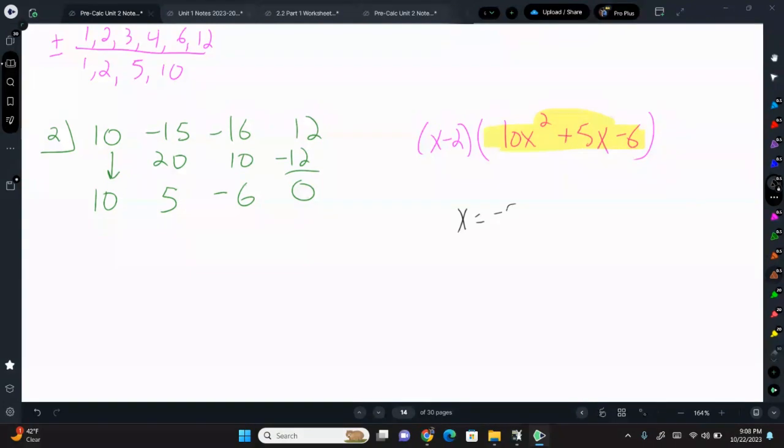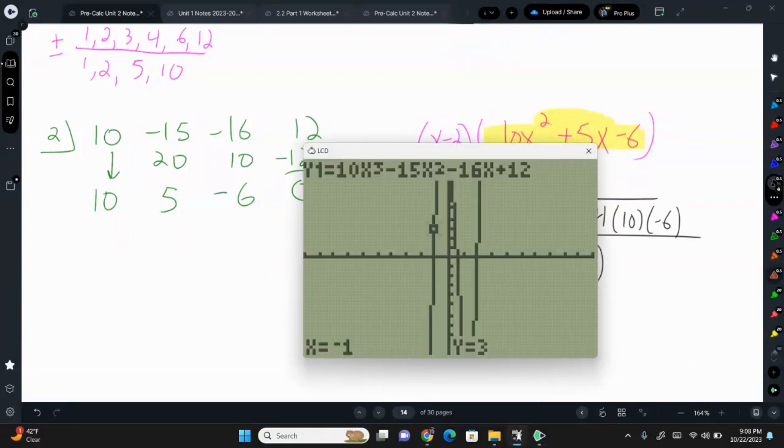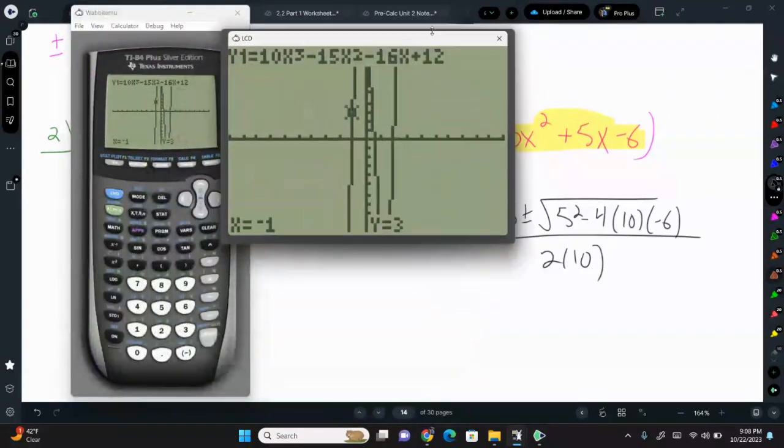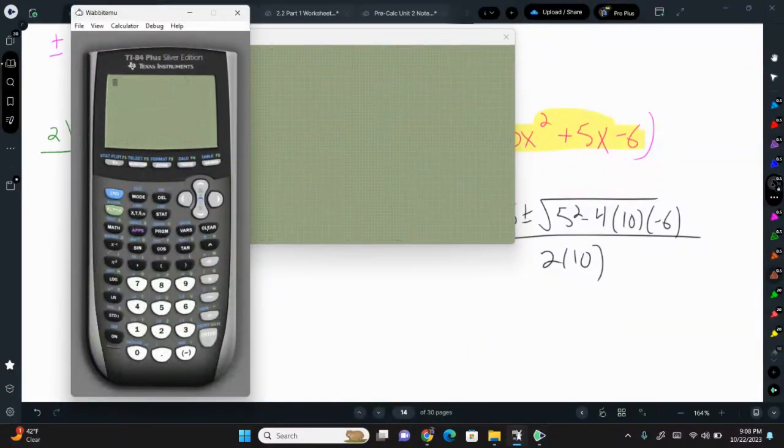So x equals negative 5 plus or minus the square root of 5 squared minus 4 times a times c, divided by 2 times 10. So in our calculator, I'm going to type in everything in that square root.